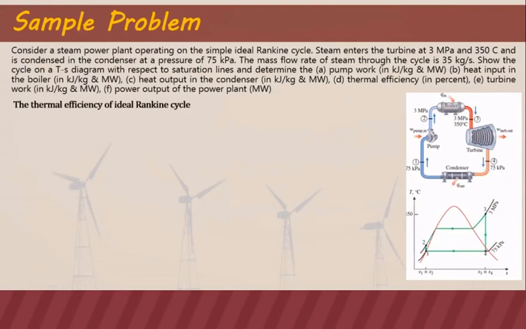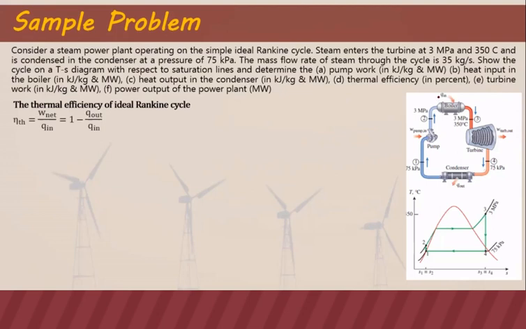So first, we can determine the thermal efficiency of the ideal Rankine cycle by using the formula. Thermal efficiency is just equal to the net work divided by the heat input, which is also equal to 1 minus Q out over Q in, or heat output over heat input.